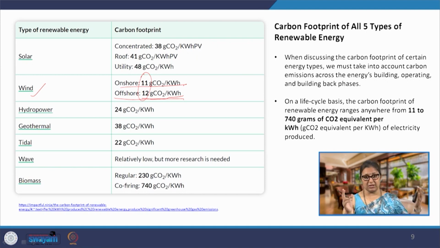This is the difference, and this takes the entire life cycle of the production, the material that has gone in. So, the upstream scope 3 emissions, the operational requirements.